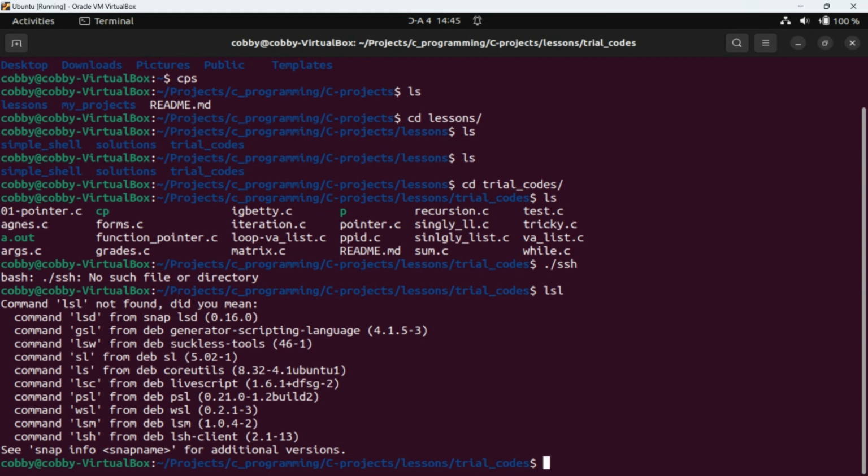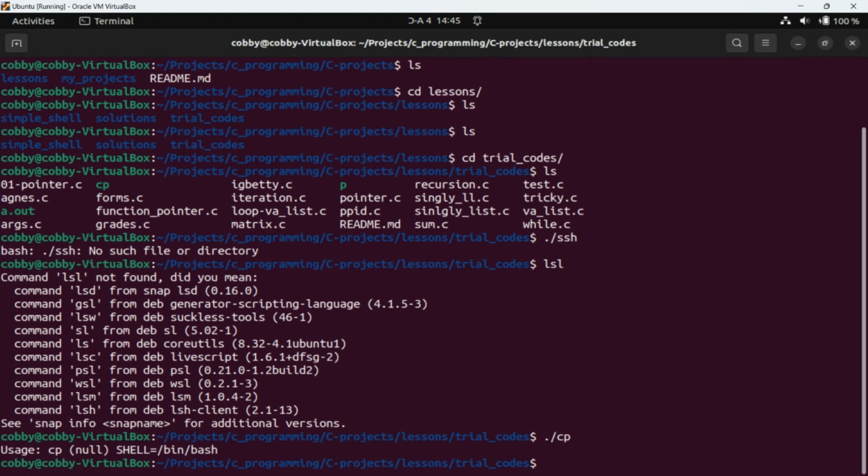Okay, so let me explain it to you. Let me go a bit deeper. So this is what is happening. Imagine this. I have this file called CP, and I run CP. This is what it's telling me. It's telling me the usage, how I'll use the CP command or the CP program.